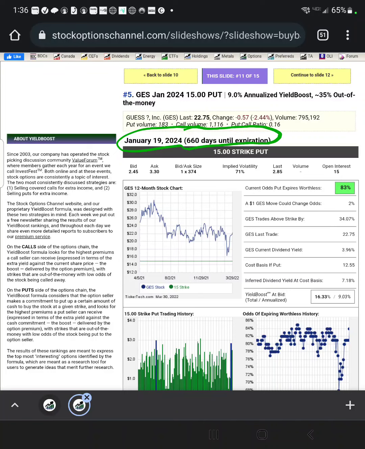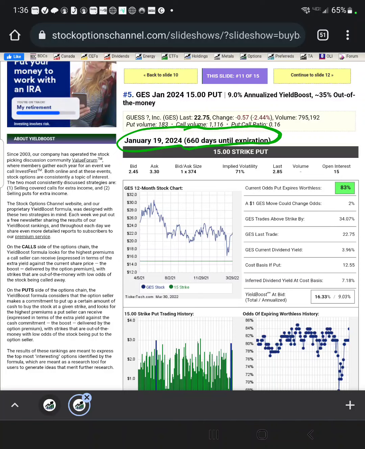Now, the really cool part you can do if you want to protect yourself on the downside is most of these that I've seen on the site, stockoptionschannel.com, they actually have a pretty high price for the strike that they're showing. But then if you go down to a $10 strike, the cost of it is like maybe 0.5, so 50 bucks.